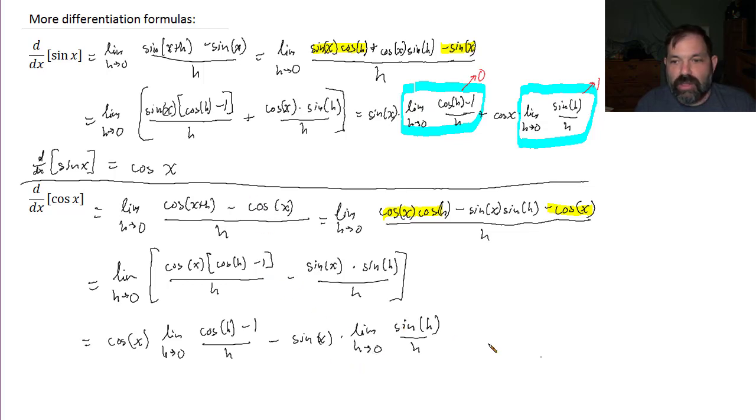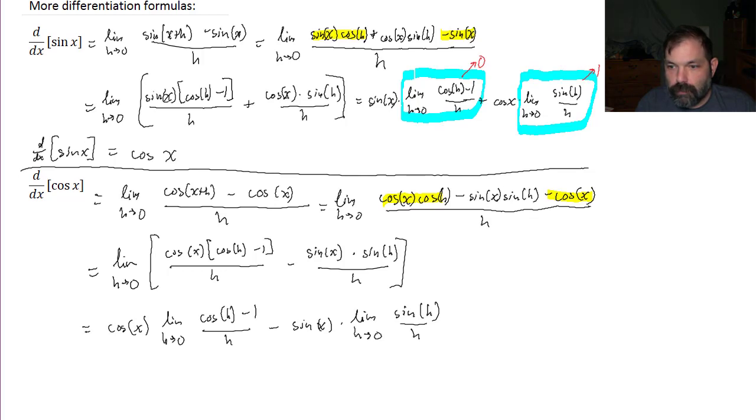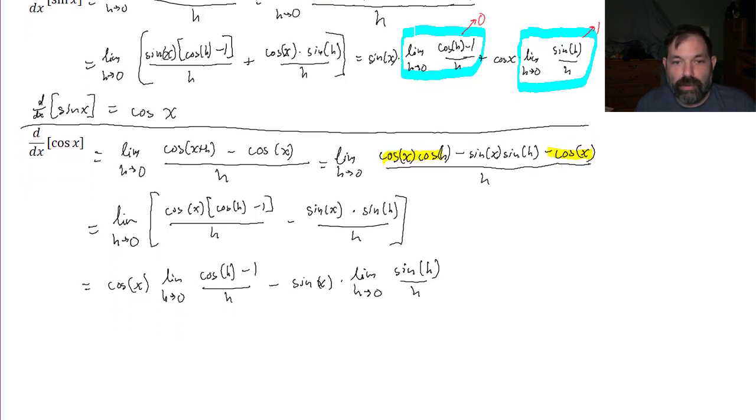And again, the same exact thing happens here. The first limit, the limit with the cosines, goes to 0. The second limit, the limit with the sines, goes to 1.